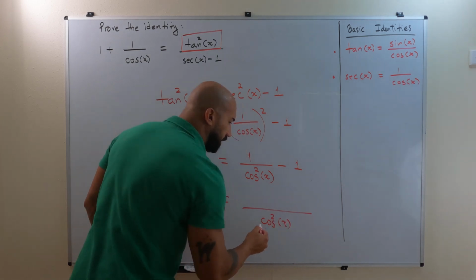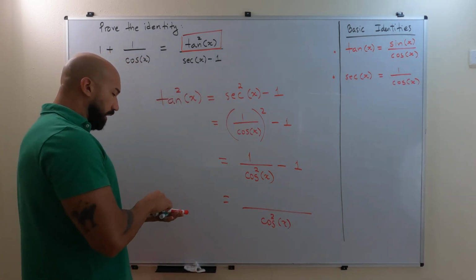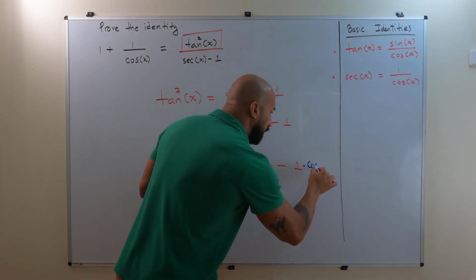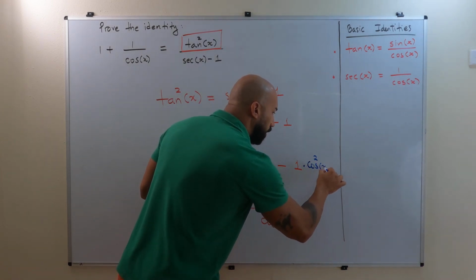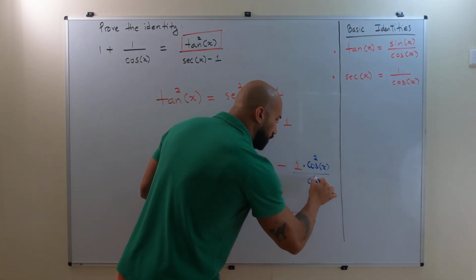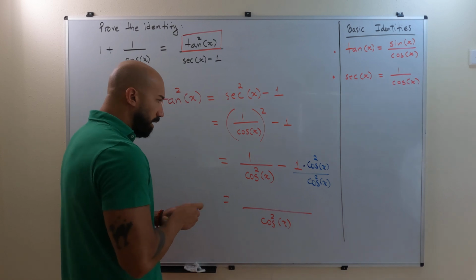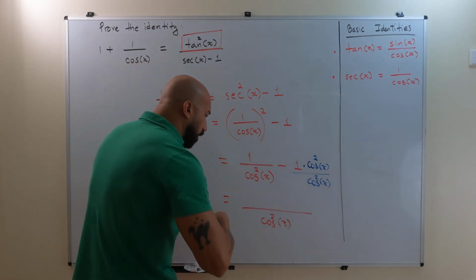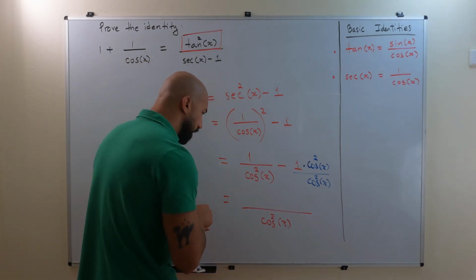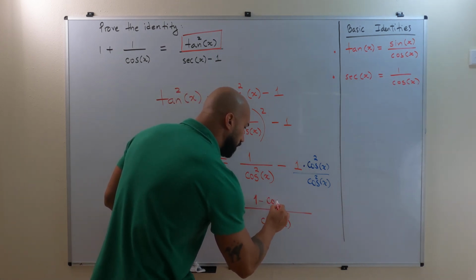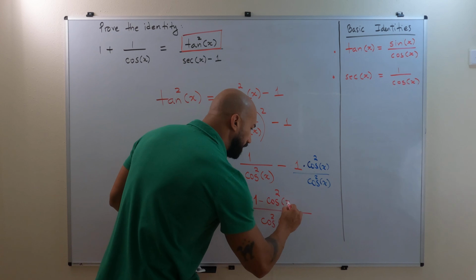And now common denominator, cosine squared of x. So basically what I need to do is to rewrite this one as cosine squared of x over cosine squared of x. Common denominator cosine squared. And the numerator is going to be 1 minus cosine squared of x.